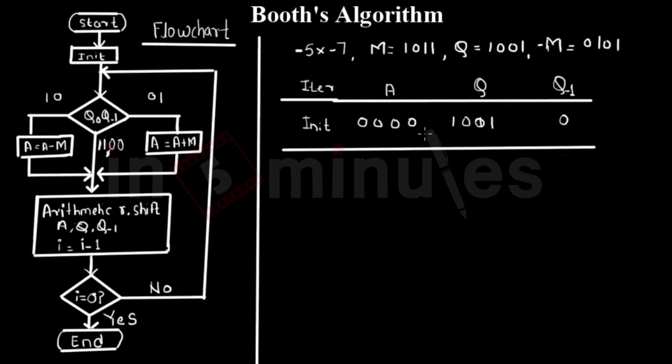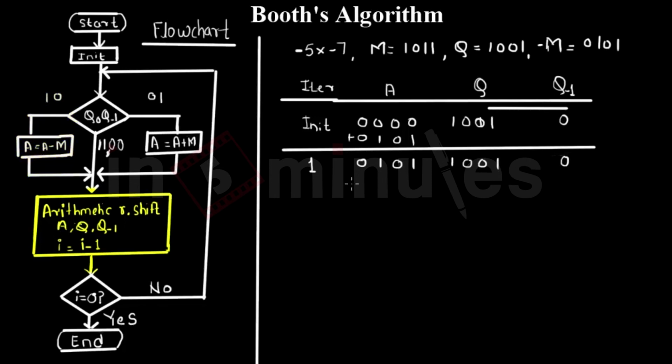Now in the first iteration we observe the Q0 and Q minus 1 values. For 1 0 we know that subtraction is to be performed, that is nothing but adding the 2's complement of M to A. So A minus M is to be performed. We are adding 0 0 0 0 and 0 1 0 1 here. In the first iteration we get A as 0 1 0 1, with Q and Q minus 1 as before.